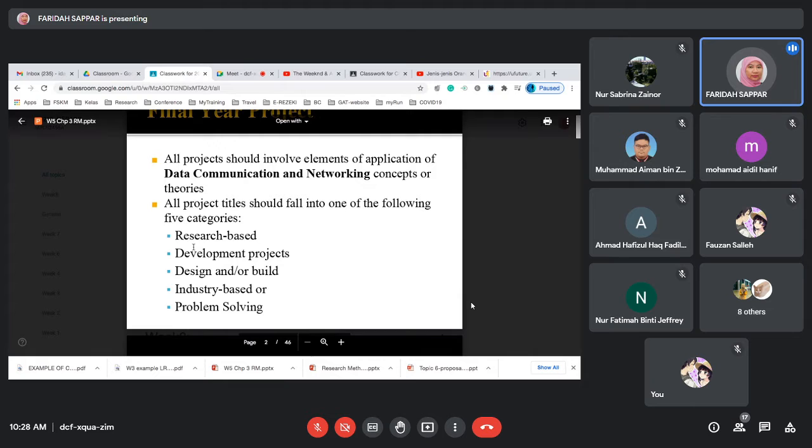Basically most of you are these two, development of the project, where you integrate your application, the software with hardware, and then design build more on the simulation. I think you do a lot of development, a development project based on the general or specific problem statement, and then you try to solve the problem. You identify the problem and then you try to come up with a solution.